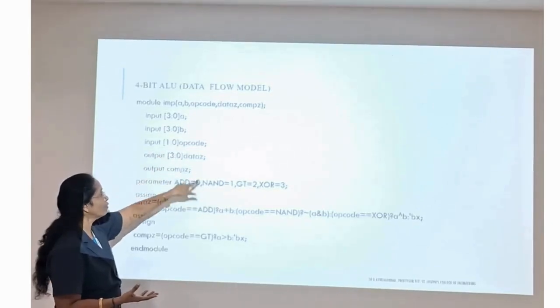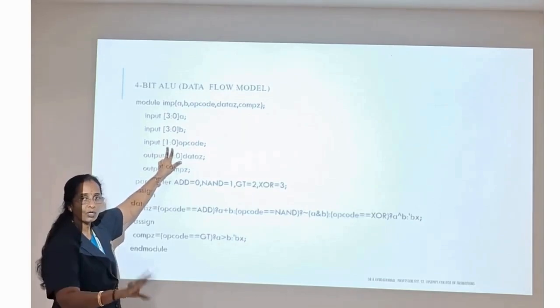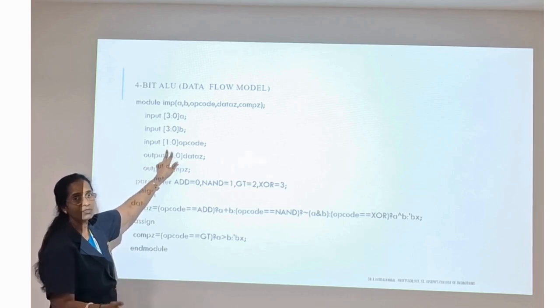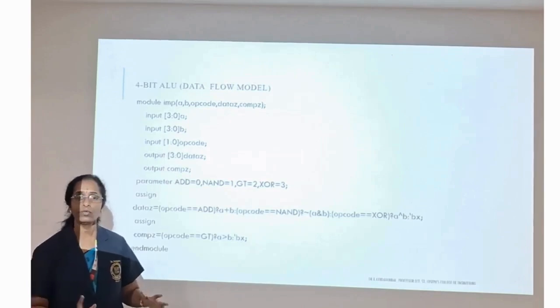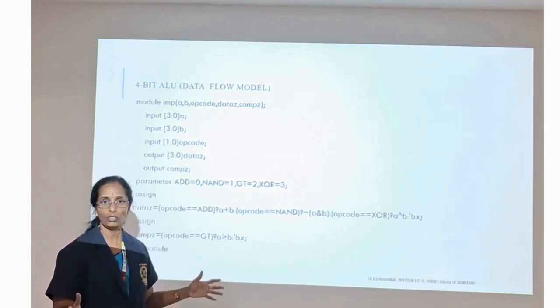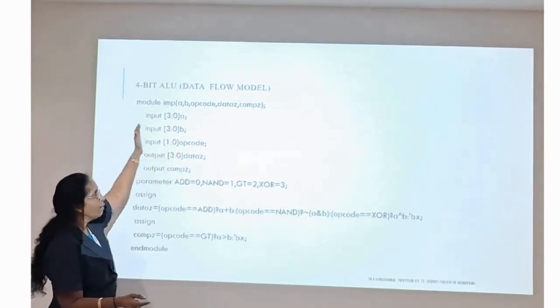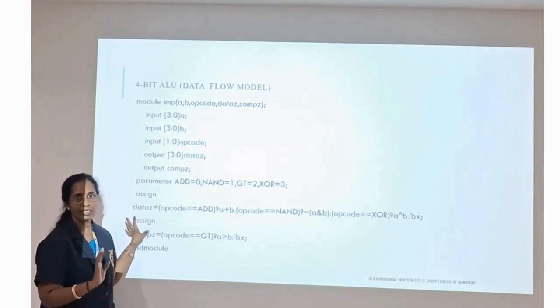Instead of 4 combinations, which means 2 input bits are used, if I want 8 combinations, I will go for 3 bits wide. 16 means 4 bits wide and so on. Similarly, if we want to create a 16-bit ALU, then the input bits will be 0 to 15 and so on. But the rest of the program and the combinations is going to be the same. Thank you.